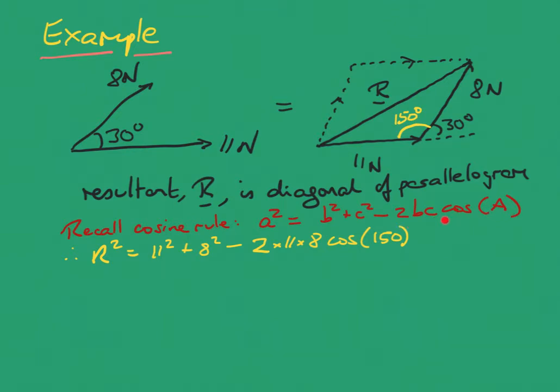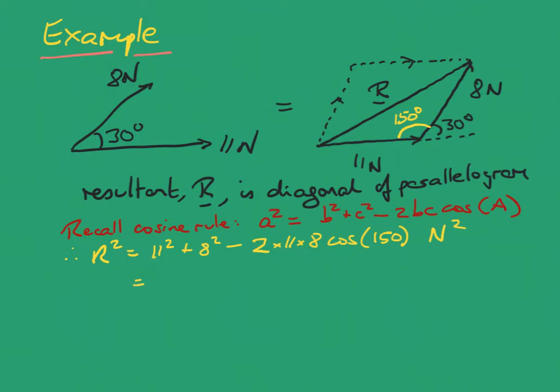So again, this is also newtons squared. So everything here is evaluated in newtons squared. And what we can do is we can just put that into a calculator. Be careful that the calculator is set to evaluate this in degrees, because otherwise we will get an incorrect value.